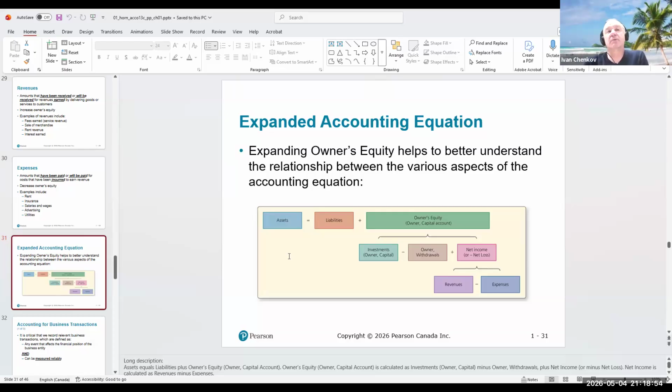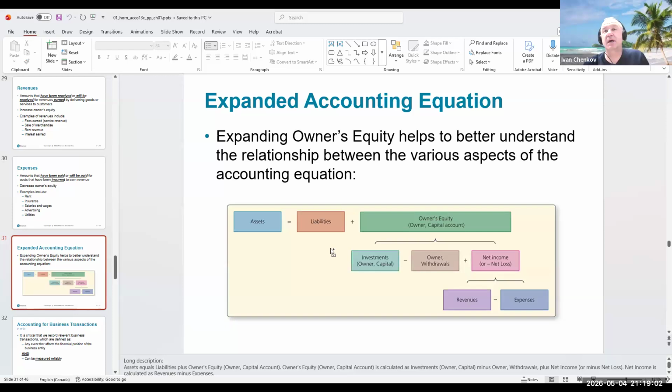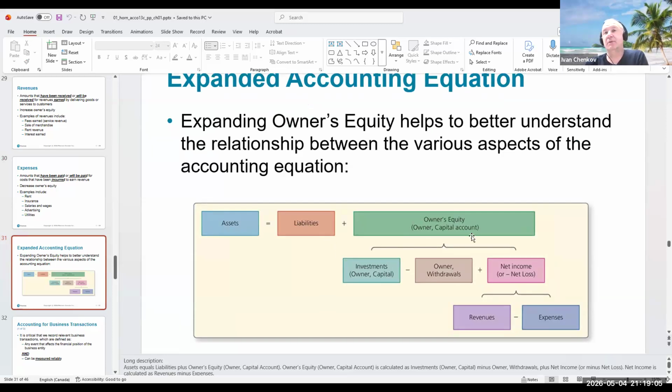So how is the accounting equation going to look now? It's going to look like this. We're going to have assets, and the assets are going to be equal to the liability plus the owner's equity.